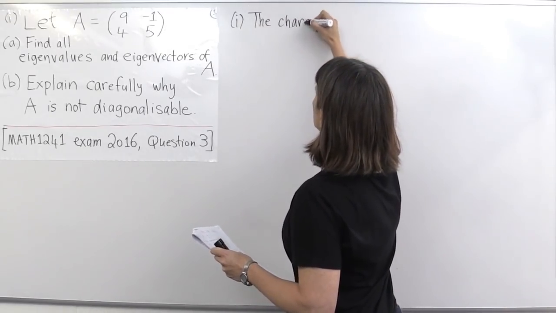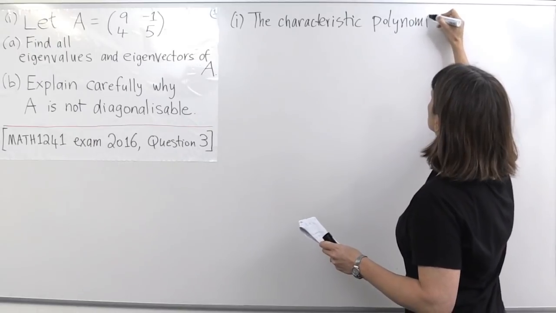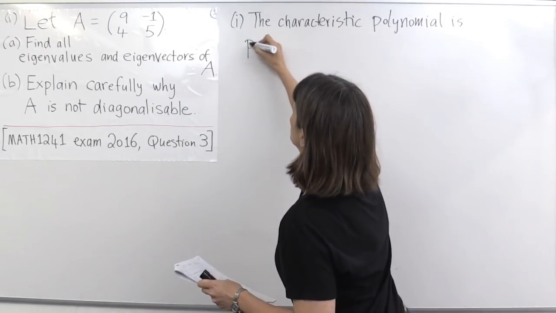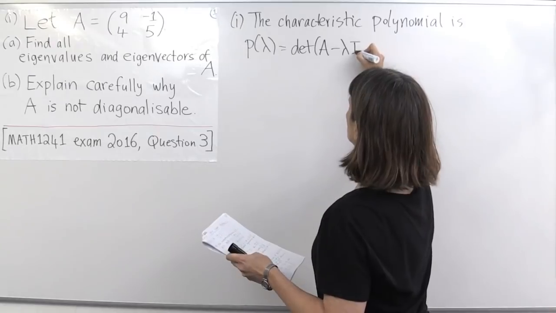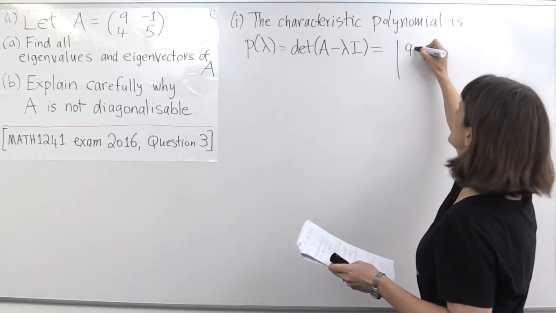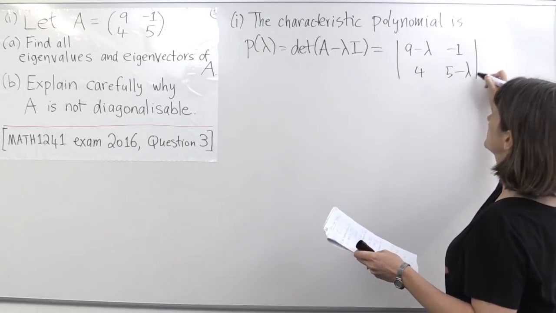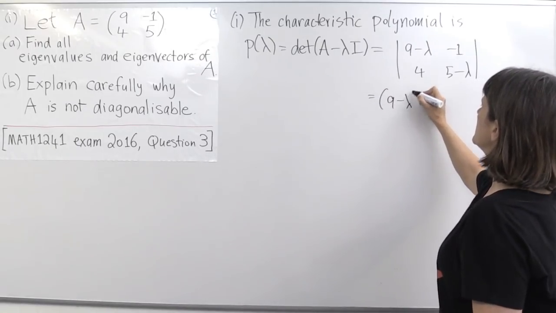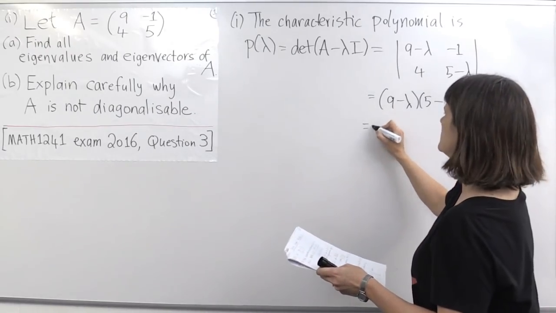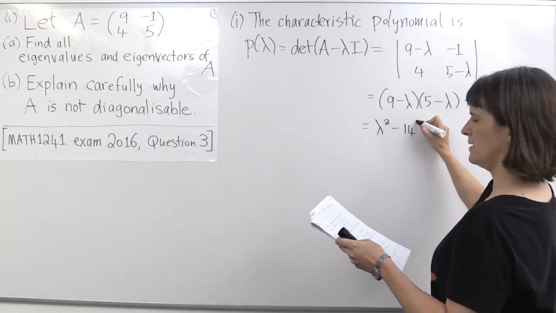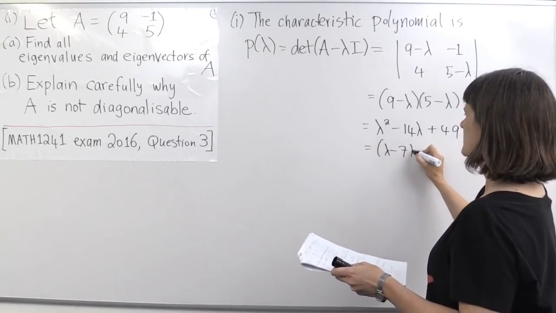So the characteristic polynomial, let's call it P of lambda, is the determinant of A minus lambda I. So we just take the determinant of 9 minus lambda, minus 1, 4, 5 minus lambda, and we get 9 minus lambda times 5 minus lambda, plus 4, and when you unscramble all of this, you've got lambda squared minus 14 lambda plus 49, and this is actually lambda minus 7 squared.